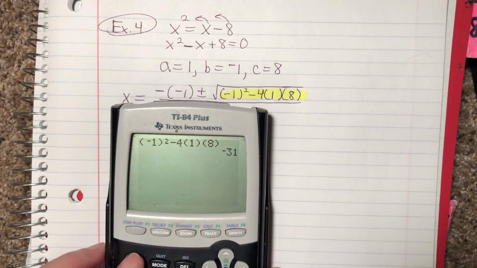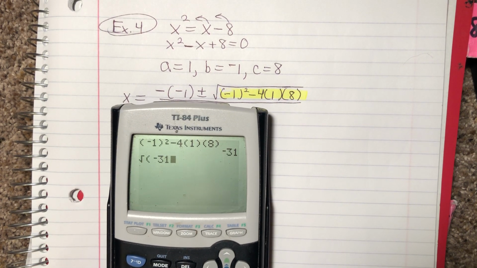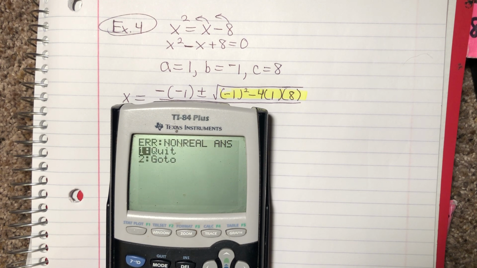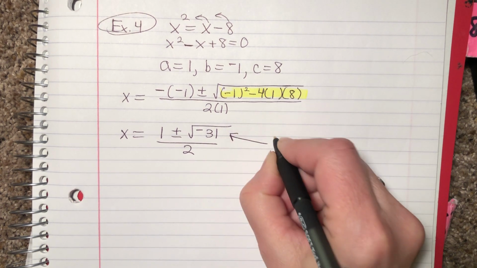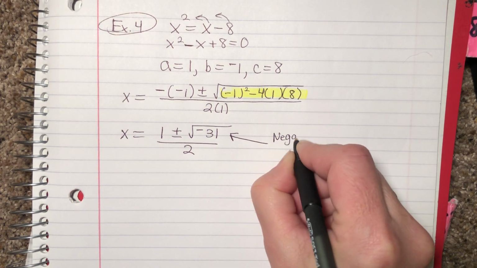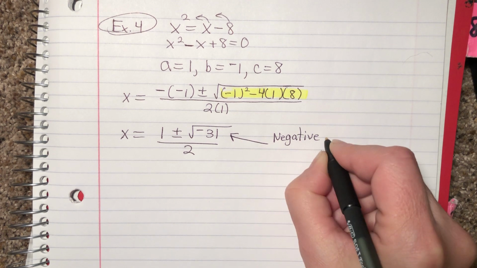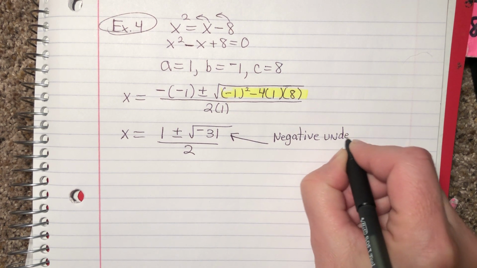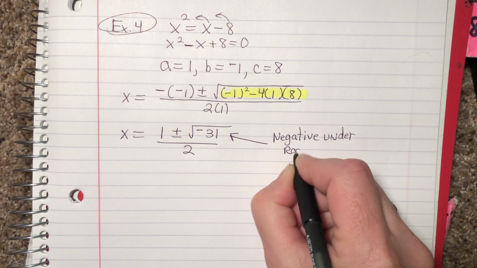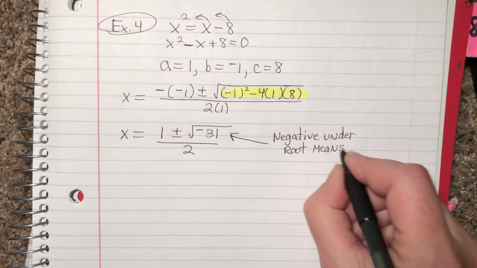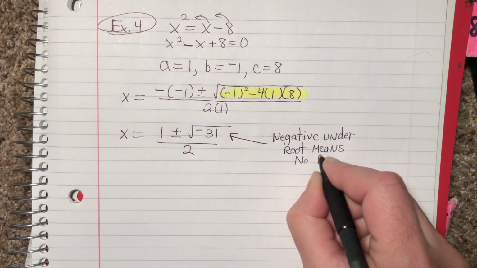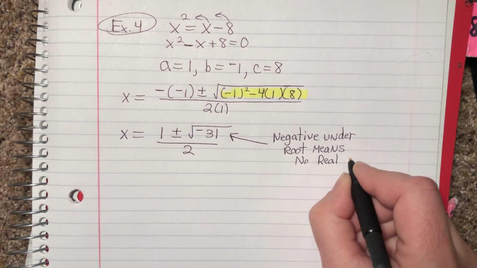Now, if you have a negative under a square root, it's not a real number. This tells you a negative under the root means no real solutions.